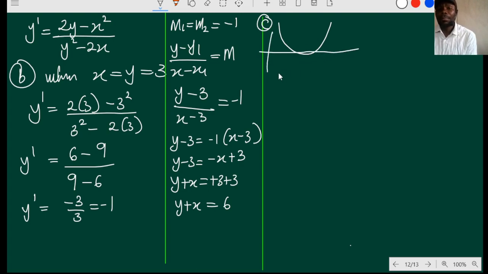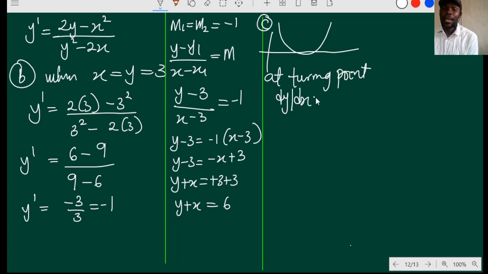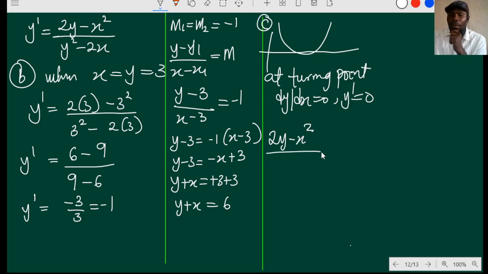So at a turning point, the dy/dx is equal to 0. That means our y1 must be equal to 0. So if y1 is 0, meaning that (2y minus x squared) over (y squared minus 2x) is equal to 0.